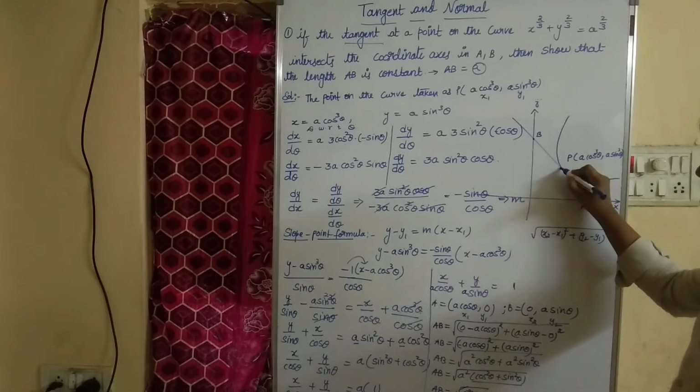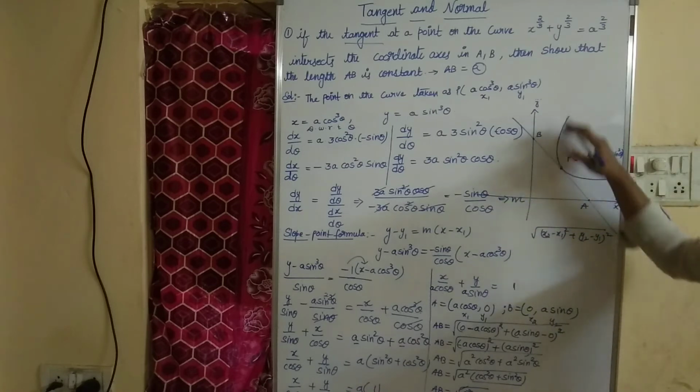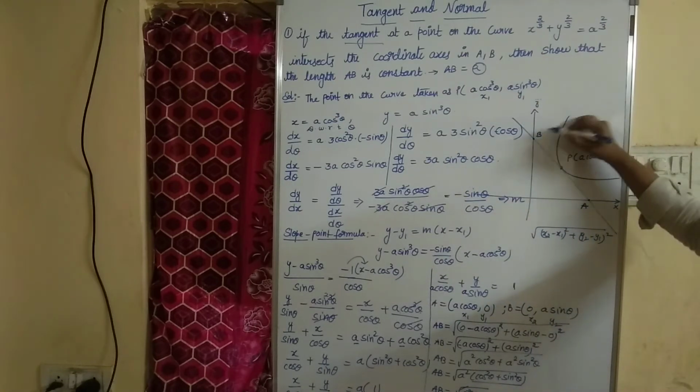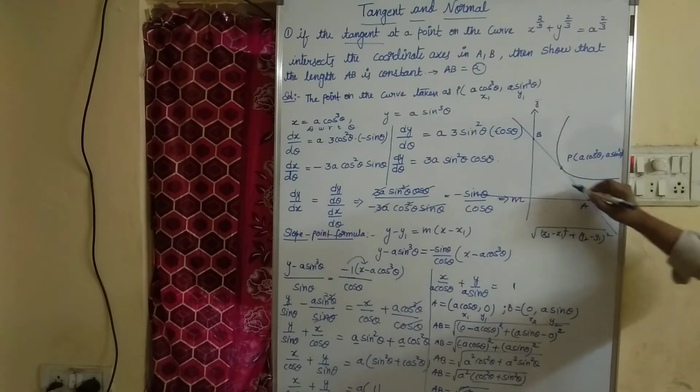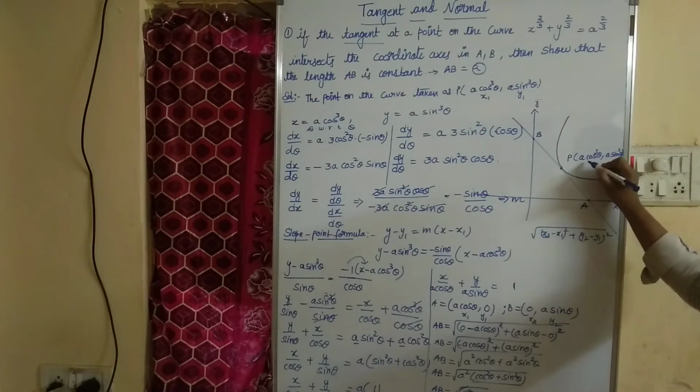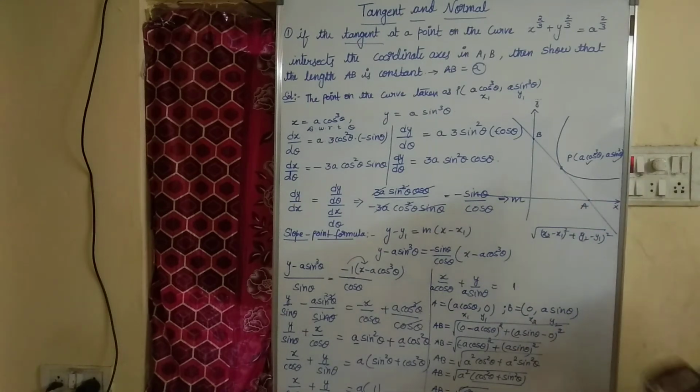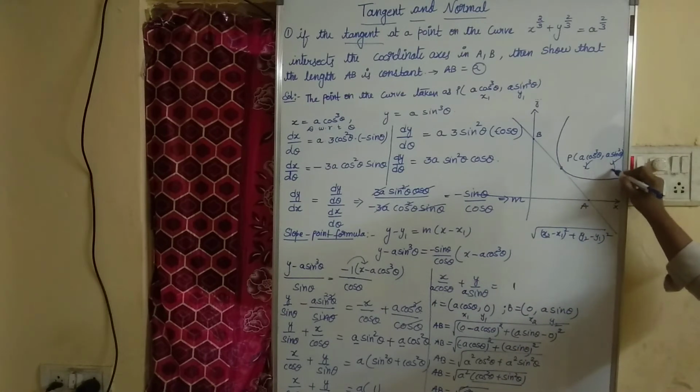This is the curve, and this is the line which is intersecting the curve at this point. That point we call it a cos cube theta comma a sin cube theta. So this is our x coordinate, this is y coordinate.